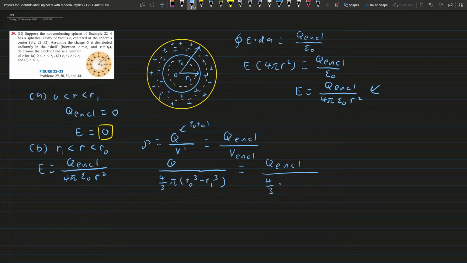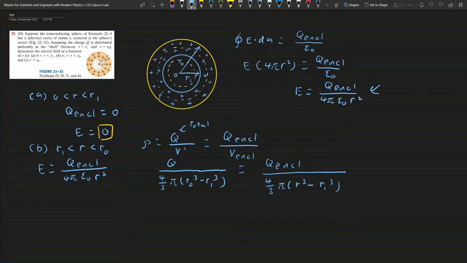The volume enclosed is the same form: we have 4/3 pi, but now it is r cubed minus r1 cubed. For the same reason, now this r is defined between r1 and r0, and this is the charge we want in this part.